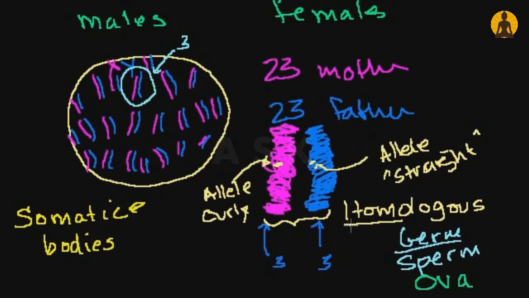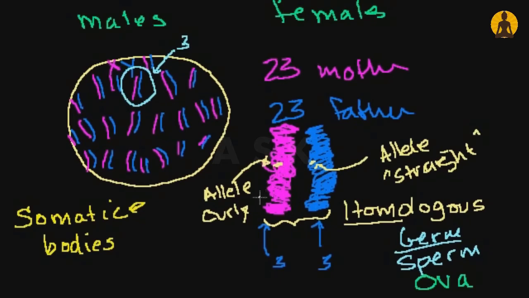You see that all the time. So what homologous means is that they're almost the same. They're coding for, for the most part, the same set of genes, but they're not identical. They might code for slightly different versions of the same gene. So depending on what versions I get, that is what is actually expressed for me.